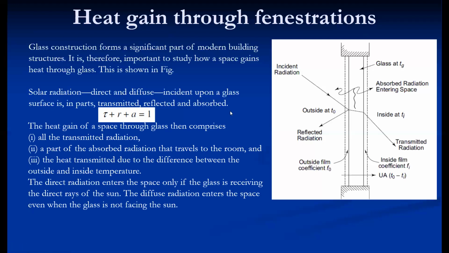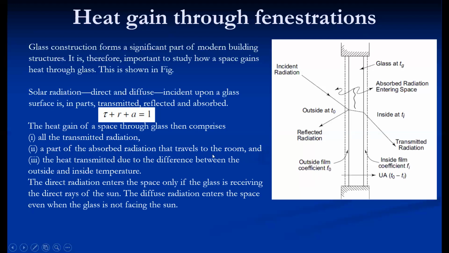The heat gain of a space through glass then comprises all the transmitted radiation, a part of the absorbed radiation that travels to the room, and heat transmitted due to the difference between the outside temperature and inside temperature. So these are the three components which contribute to the heat gain to the space.